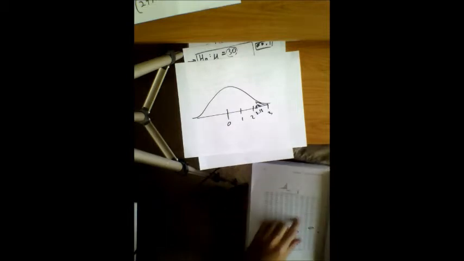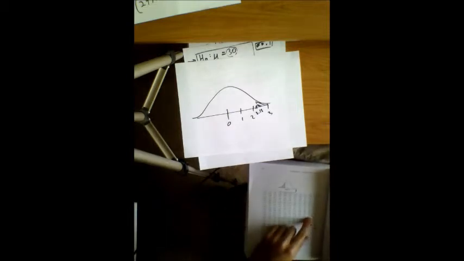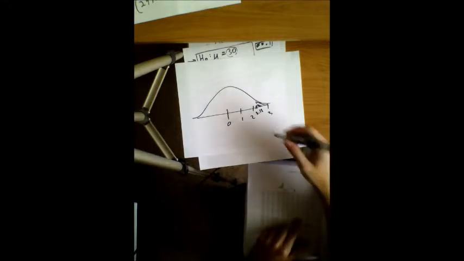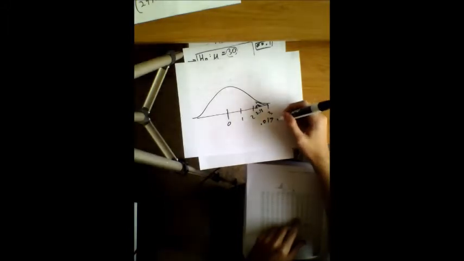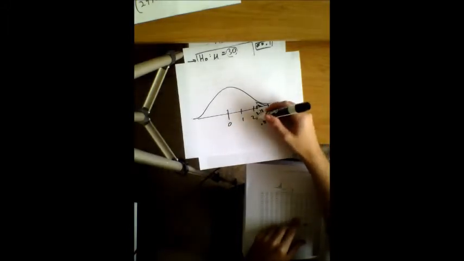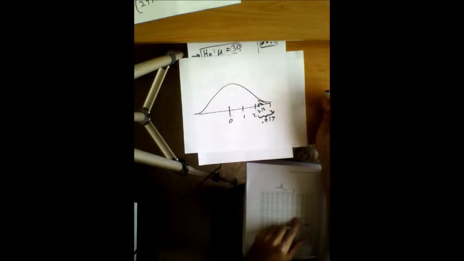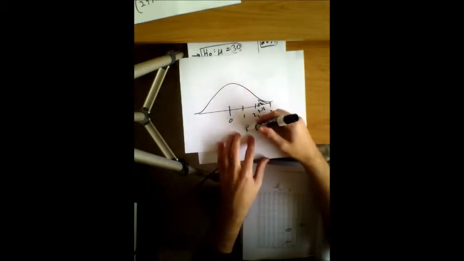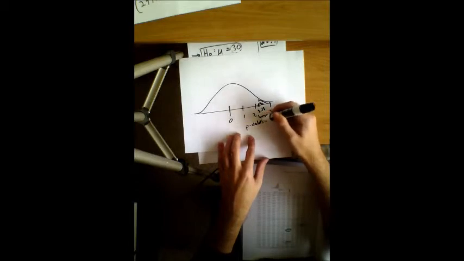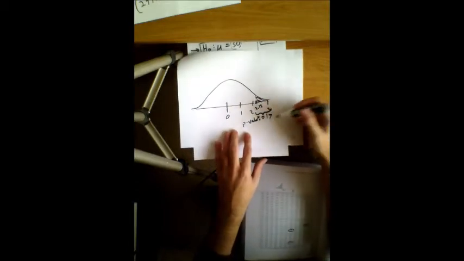Okay, so 2.12 gives us an area of 0.017. But that's it, right? There is no other side of this, so I don't have to times this by 2 or anything. My p-value is just equal to this value.